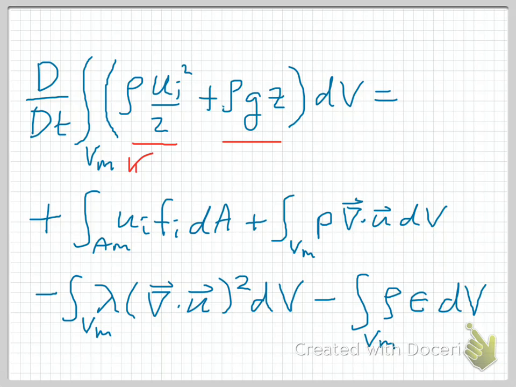So we have KE plus PE is equal to the contributions from all these different processes: the rate of working by forces from external molecules acting on the boundary of the parcel, the expansion work, the work due to the second viscosity lambda, and finally dissipation due to friction.